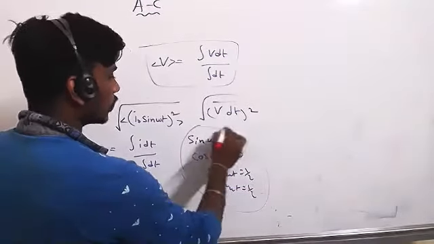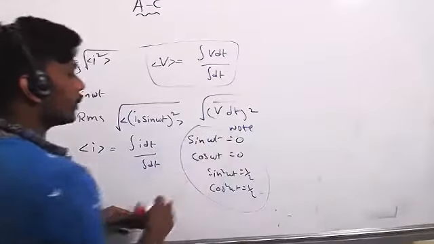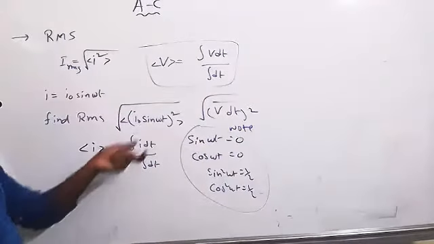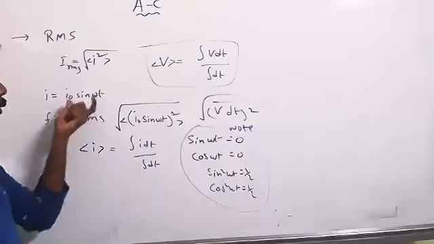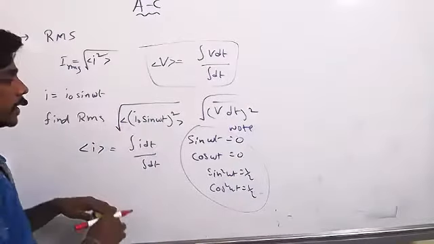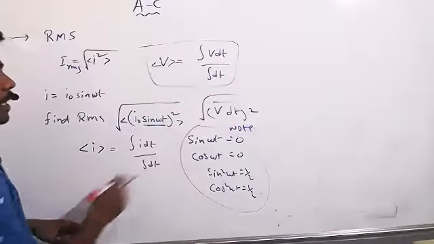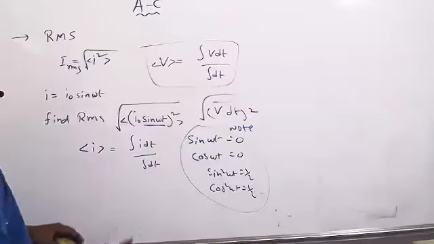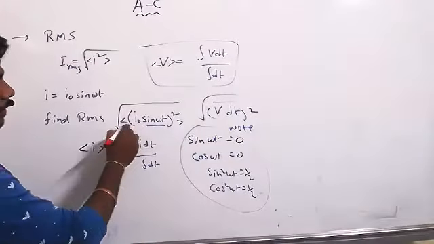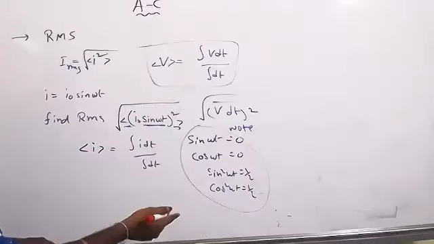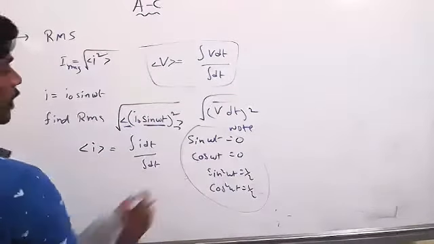These are notes, and based on these we can calculate. It is a shortcut method. When calculating the root mean value, we can't just give 0 for sine omega t. First we have to calculate the mean value, and after applying mean, then give that value. Remember that.